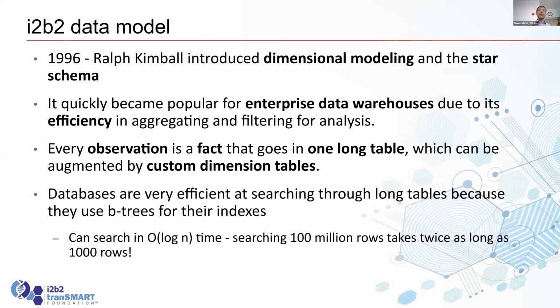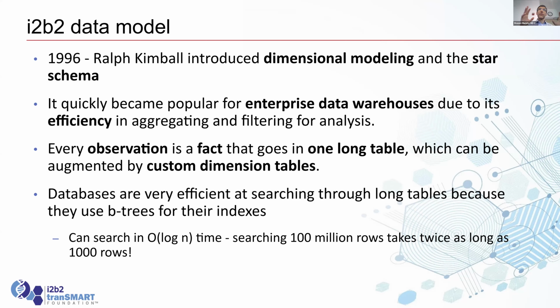The star schema is one central table that has most of your information, all of your facts. So instead of having one row per patient and a column for many things, you have one row per fact. And each row is a patient, an encounter, and a fact. That allows you to create very flexible models where you can mix and match data in ways that you can't do with other tables.